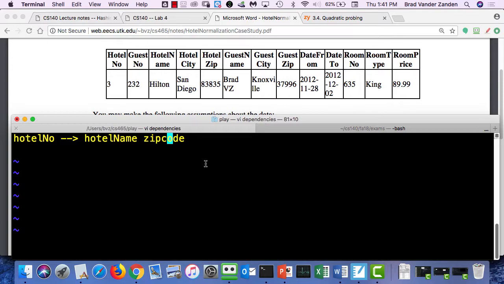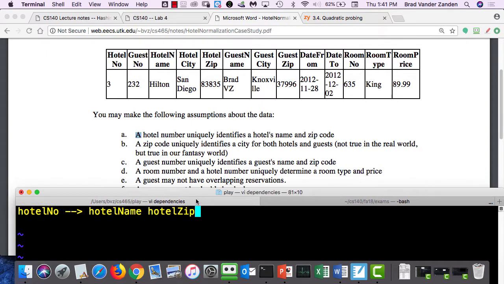So I could certainly simply write that hotel zip uniquely determines a hotel city, and I could also write that a guest zip uniquely determines a guest city, like that. Nothing quite wrong with that.